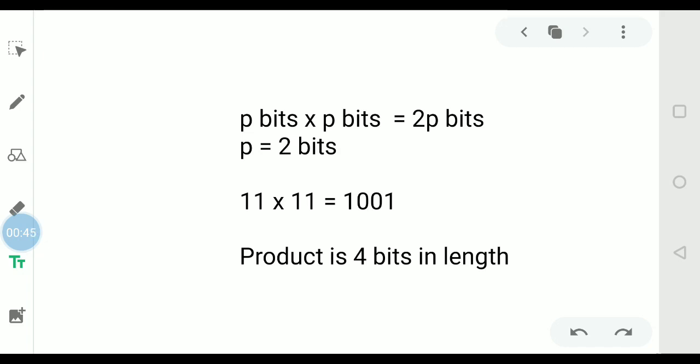So if p is equal to 2 bits, taking an example, 1 1 multiplied by 1 1, use the paper method to solve and get the answer as 1 0 0 1. Notice that the product is 4 bits in length.